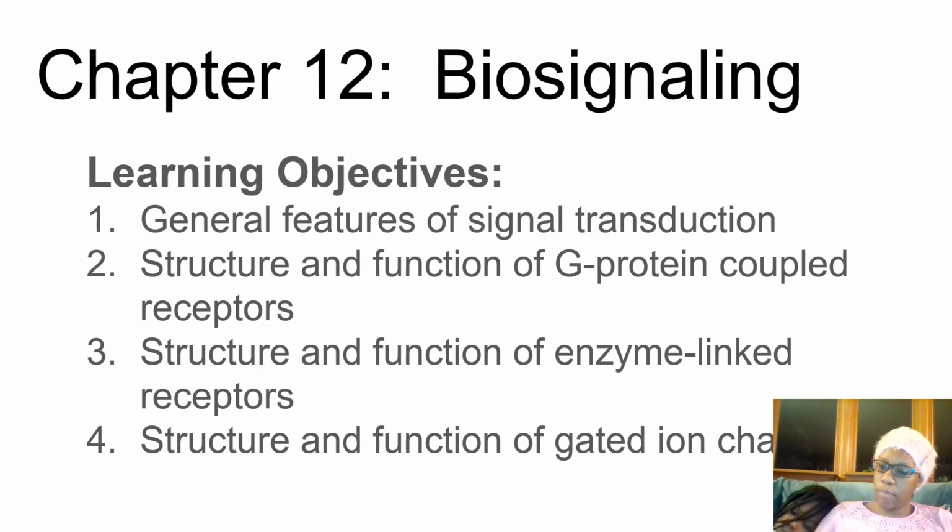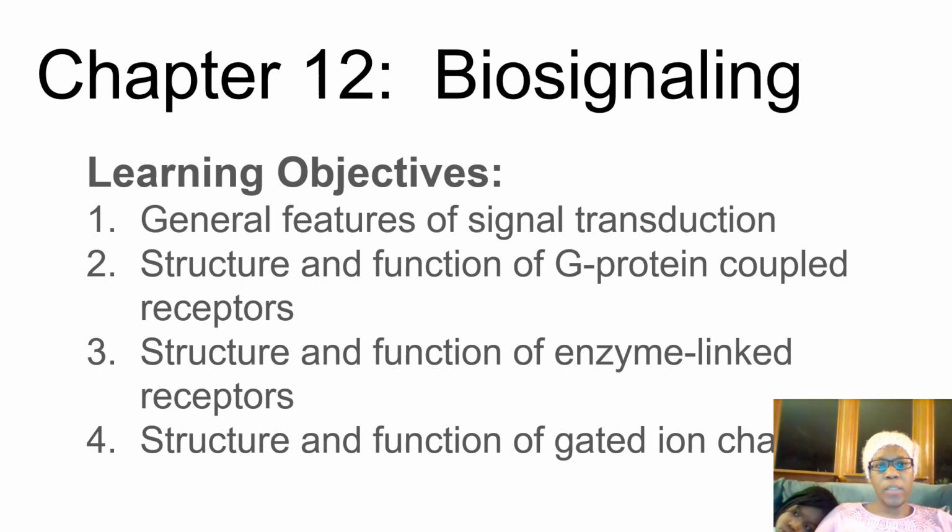Chapter 12, Biosignaling. The first objective for Chapter 12 is to learn the general features of signal transduction. That means in what general ways do cells take stimulants or information from the outside of the cell and turn that into a chemical response or a chemical change inside of the cell.